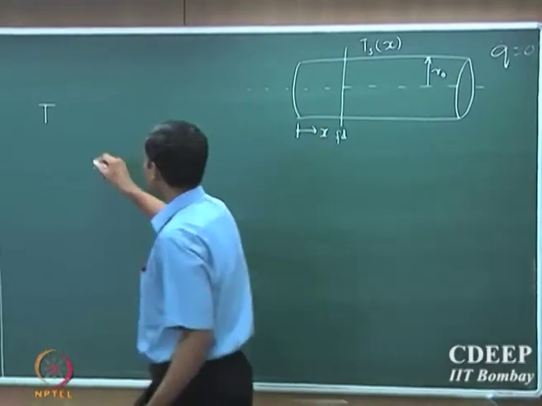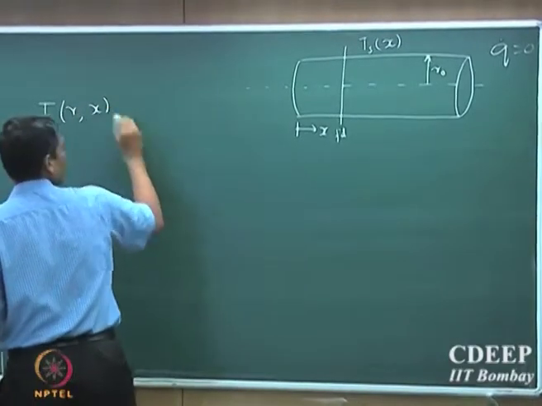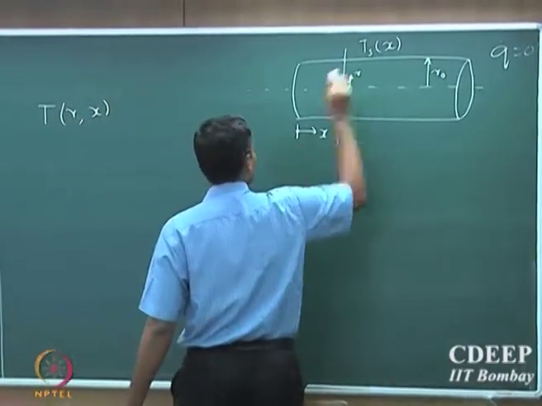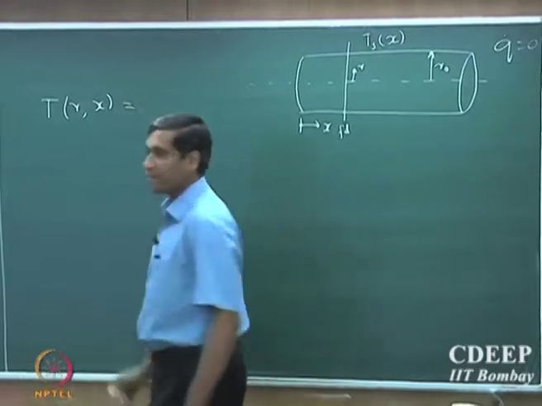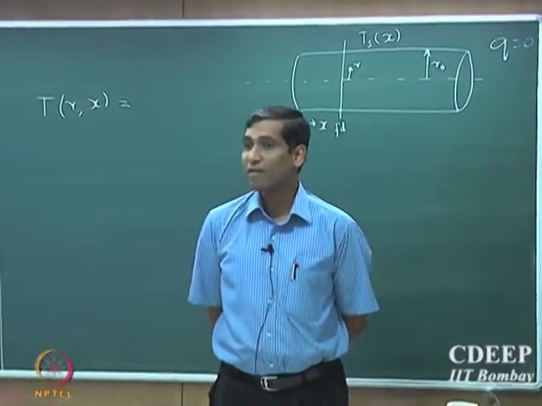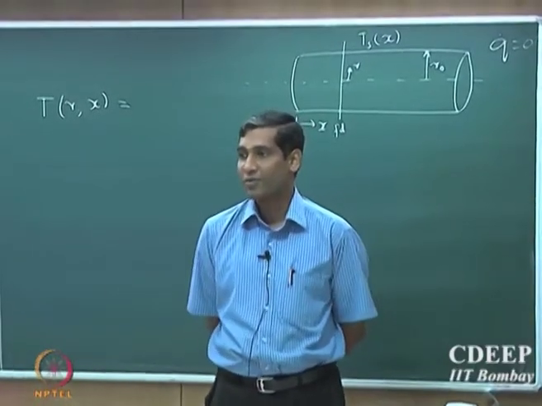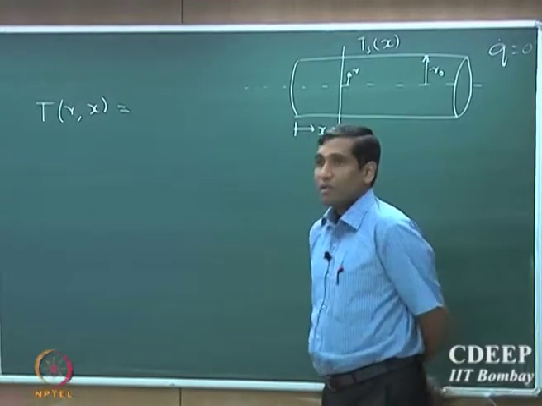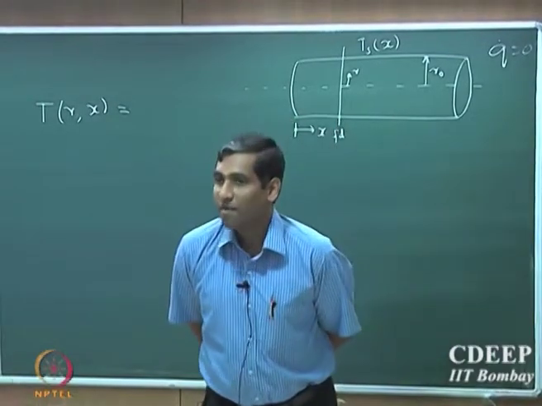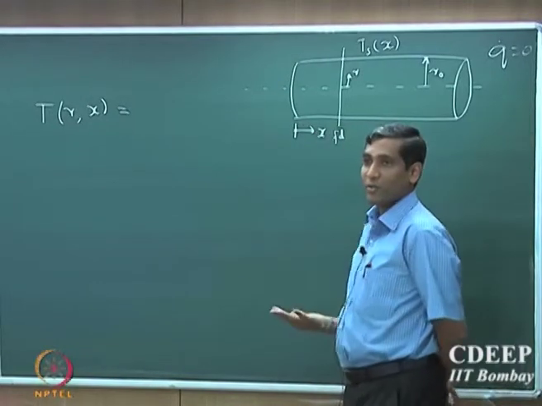So what will be the functional form of the temperature as a function of r and x, if this is r direction? Yeah, what will be the functional form? I am not solving the equations. What will be the functional form in which you will get the solution? Some function of r and some function of x, right.